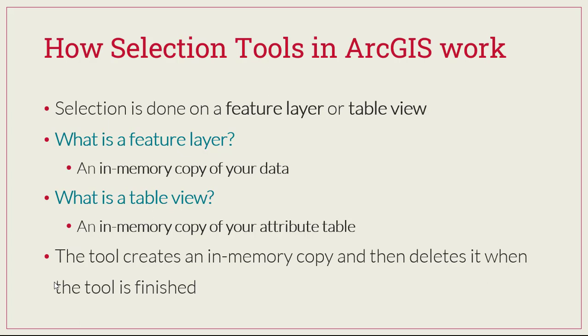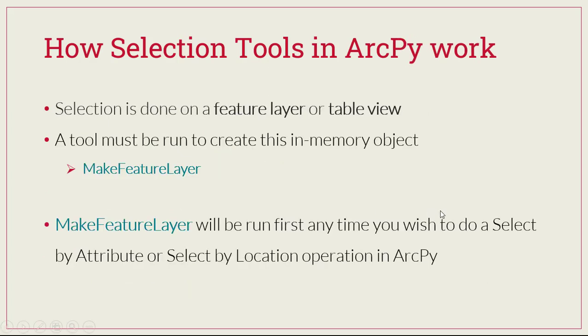Both of these are in-memory copies of your data or your attribute table. So when the Select by Attributes or Select by Location tools run in your GIS software, they create an in-memory copy of your data, run the selection, and then delete the in-memory version when you undo the selection or you move forward in the rest of your GIS operations and the tool is finished.